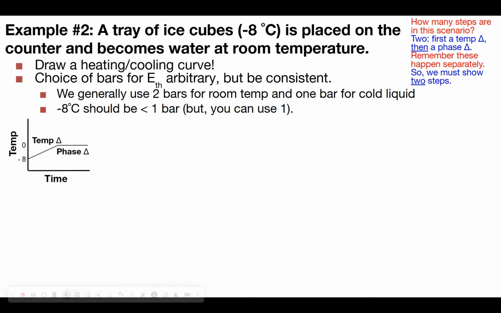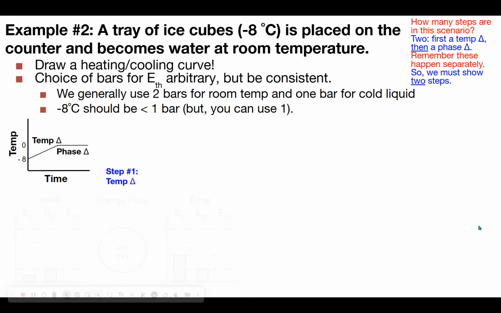So here we've got our heating curve, starting at negative 8 degrees Celsius, going up to 0. That's our temperature change. And then we're going to do our melting or phase change. Notice that's flat because there's no temperature change. So now let's do our bar graphs. We will represent these separately. Step 1, we're going to show this temperature change.